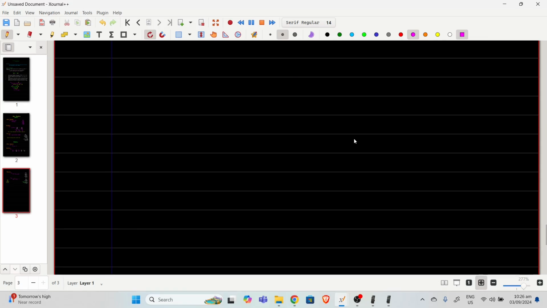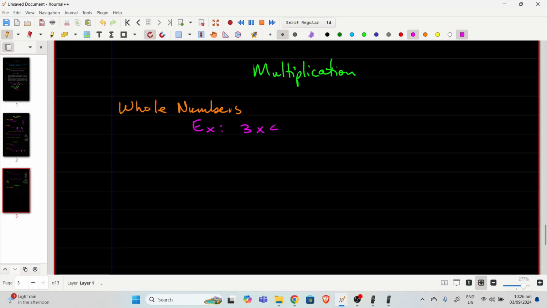Next is what? Multiplication. Right? Multiplication of whole numbers. Let's say the example is 3 times 4, that'll be 12. And that is something you should think about in terms of 1, 2, 3. So we have 4 rows.